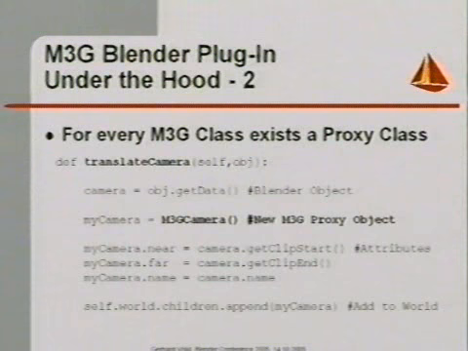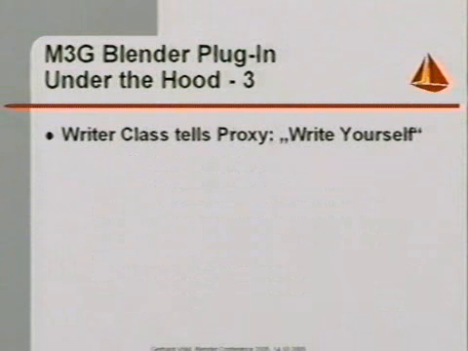So, a closer look. I made two writer classes. And these writer classes tell every proxy class, every M3G class in Python, write yourself. And so every class knows how to write itself.